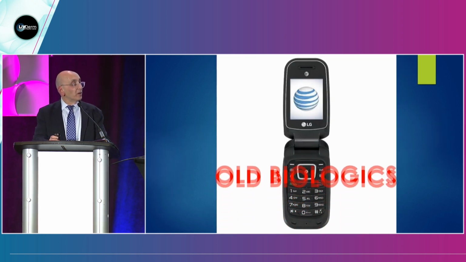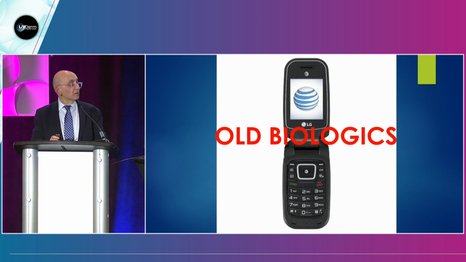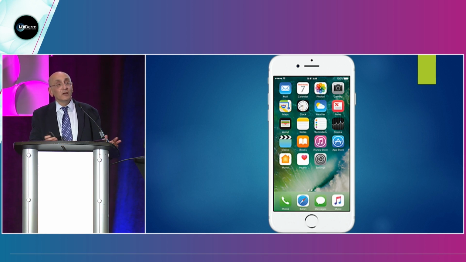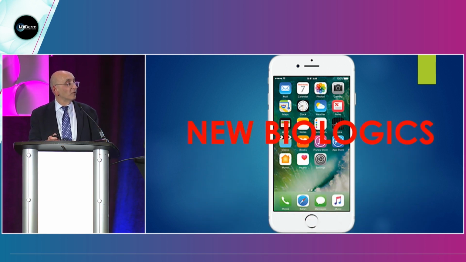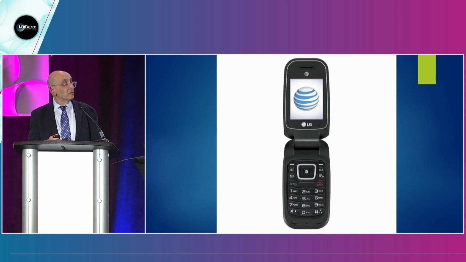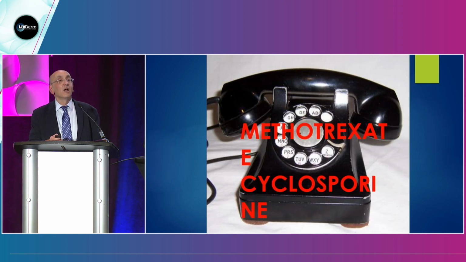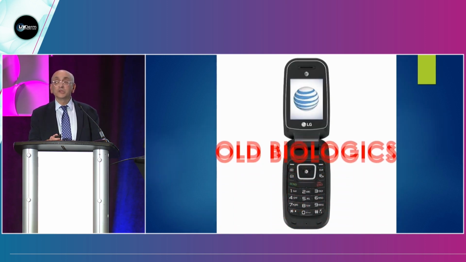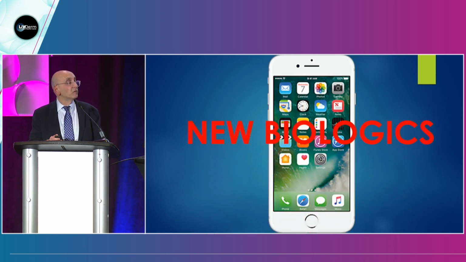Or we can practice medicine with the old biologics, the flip phone that sometimes I still use. Or we can come to this century and use an iPhone and use the new biologics, right? So it all depends on how we practice. Unfortunately, some of us are still here, and some of us are still back here. And when you look at the prescriptions, that's what we see, unfortunately.